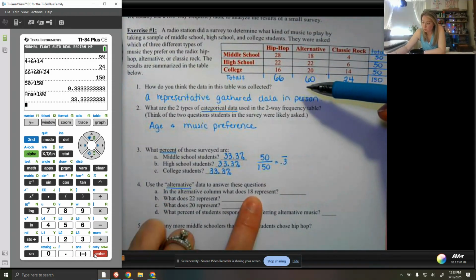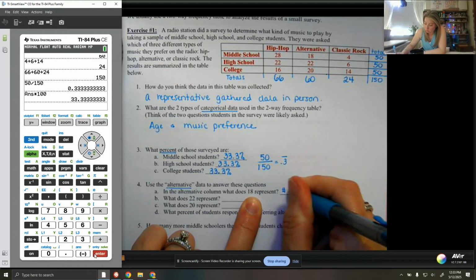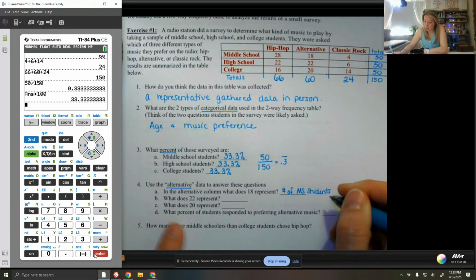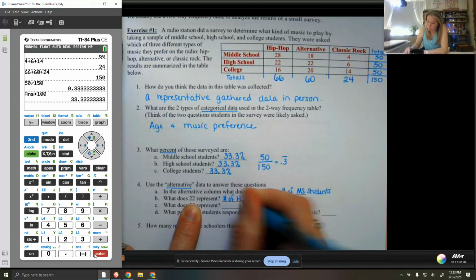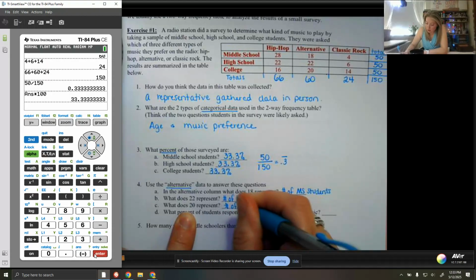In the alternative column, what does the 18 represent? Number of middle school students. How about 22? Number of high school students. 20, number of college age.